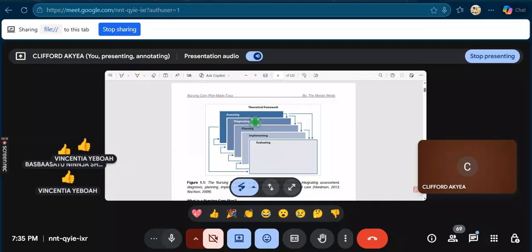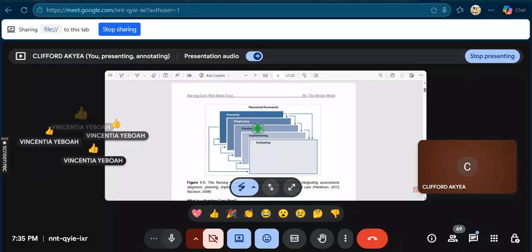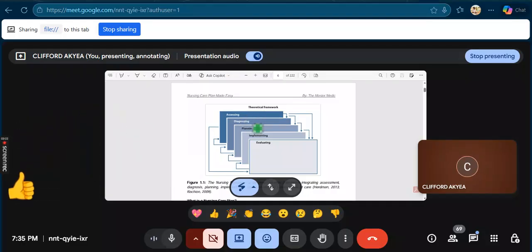Then you go to your diagnosing, planning, implementing, and evaluating. For diagnosing, we are going to use NANDA to do our diagnosis. That is for the nurses. And then planning, that is how you are going to plan your treatment, and also look out for the expected goals.